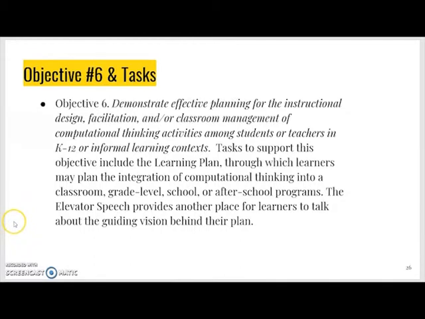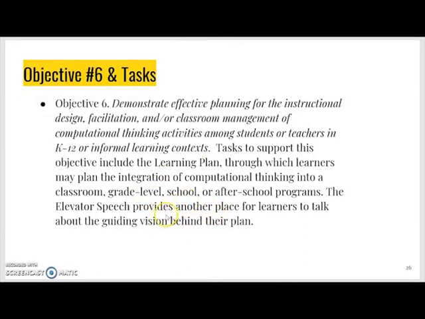Objective number 6, demonstrate effective planning for the instructional design, facilitation, and/or classroom management of computational thinking activities among students or teachers in K-12 or informal learning contexts. So the major tasks associated with Objective 6 include the learning plan, which I mentioned previously. The students may plan the integration of computational thinking into a classroom, grade level, school, or after school program.